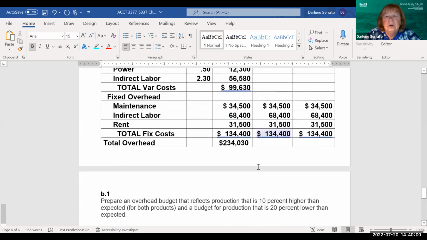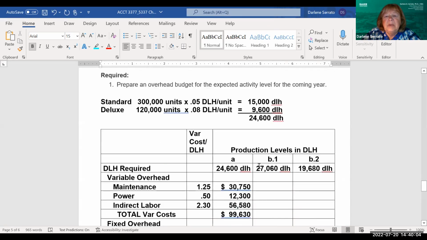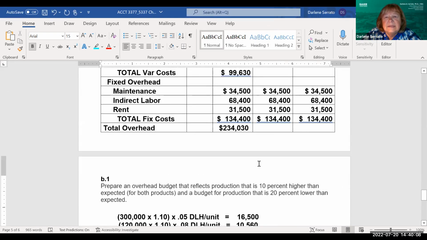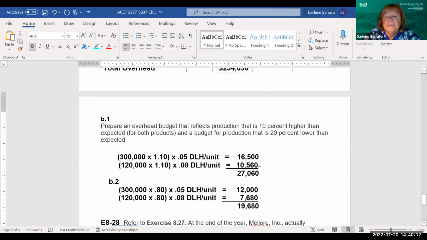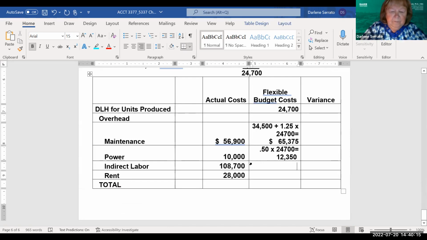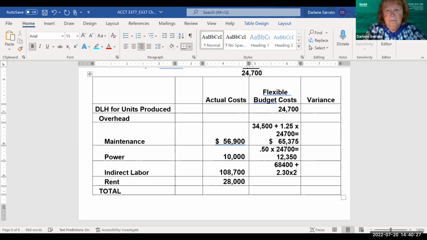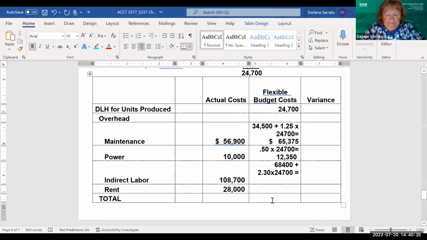Indirect labor was 68,400 plus $2.30 times 24,700, which gives you 56,810, plus 68,400, 125,210.